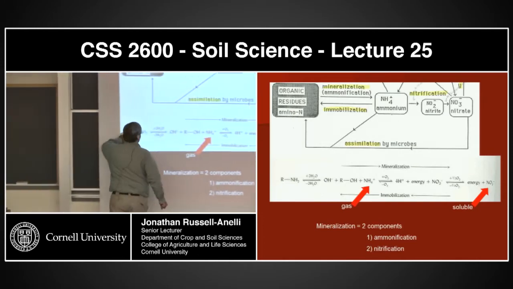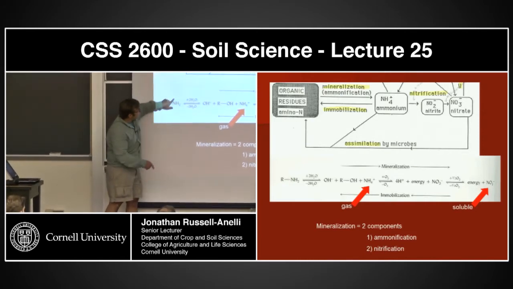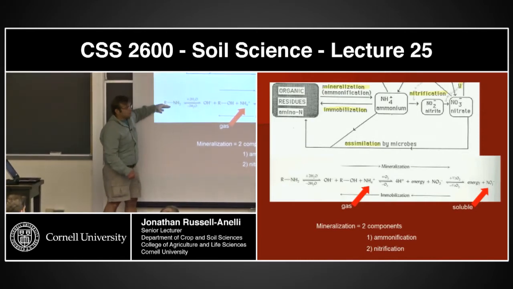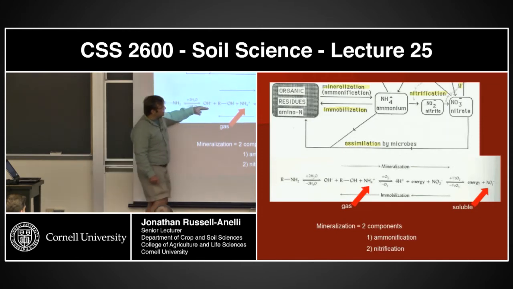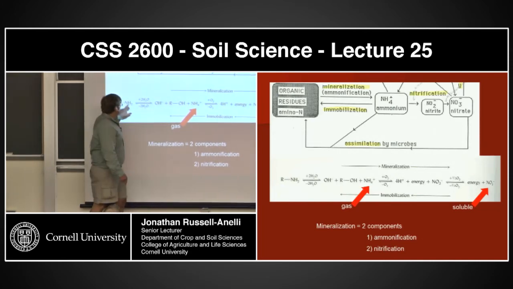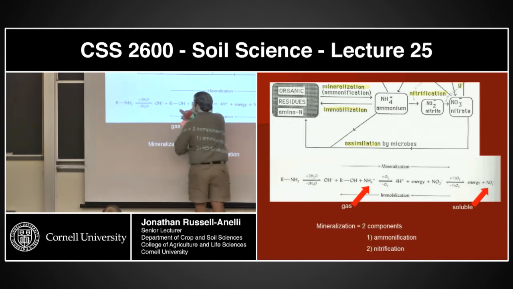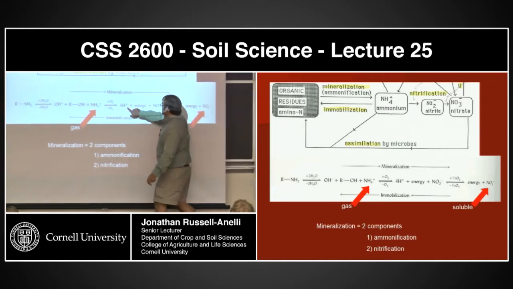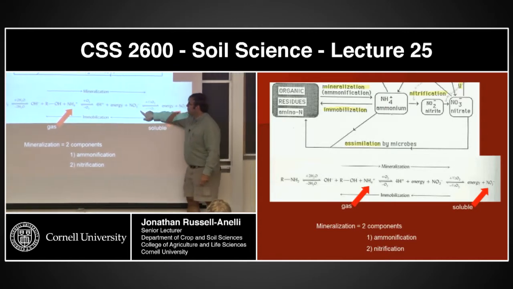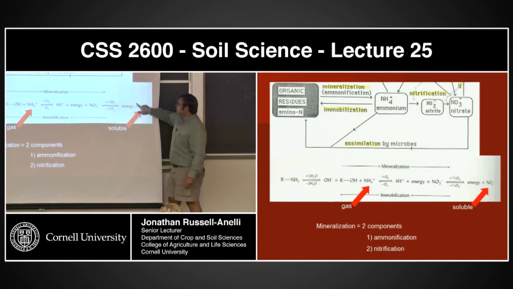Here's the R, the rest of the carbon structure, and here's the nitrogen from the amine. This is decomposed, and in the process of decomposition we're basically making ammonium. I'm taking it from an organic form to an inorganic form. This is then converted with energy into a nitrite, and in turn this nitrite is turned into nitrate.